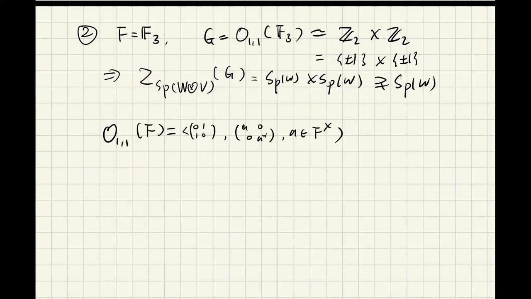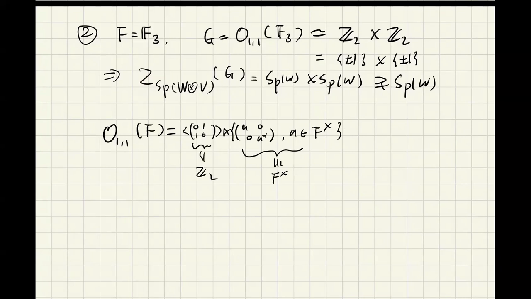These are basically the structure of O(1,1). This part is isomorphic to F cross, and this part is isomorphic to Z/2. But if F is F3, then F cross has only 2 elements.